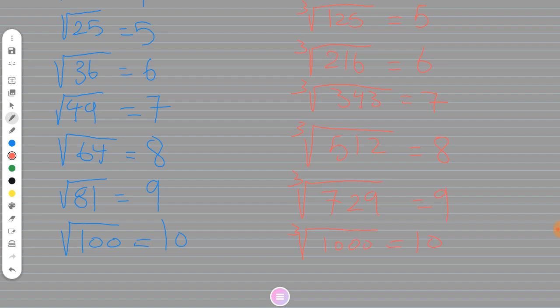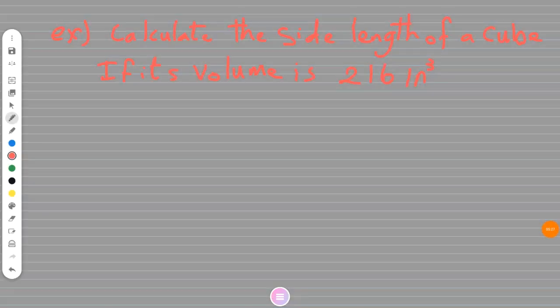Let's take some examples. As an applied example for the cubic root and square root: calculate the side length of a cube if its volume is 216. Let's translate this problem first. I like the word translate because we can translate the story problem into a math problem.